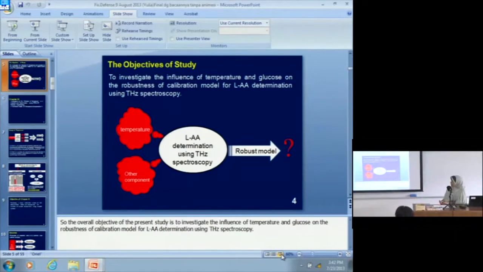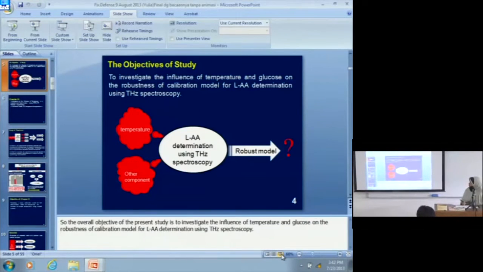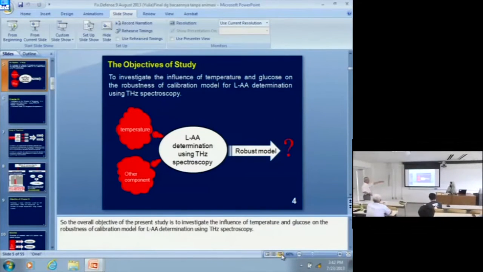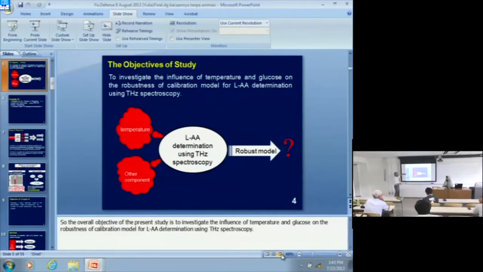You can say, I'm going to present about this robustness for temperature, and then immediately show this one. Yes, that's good.